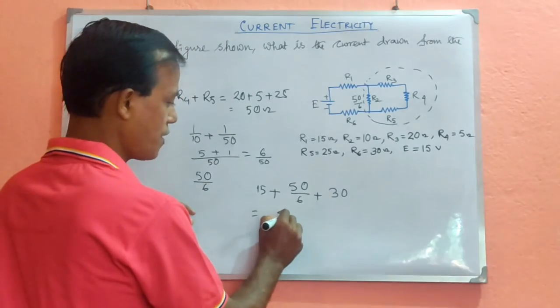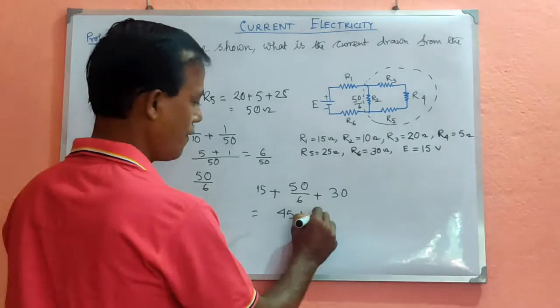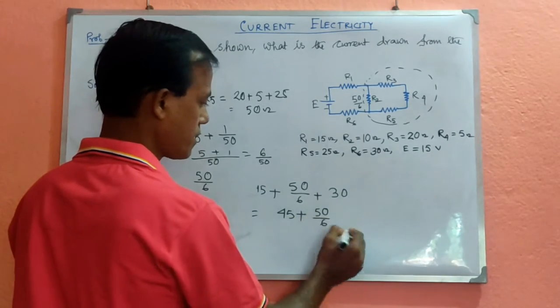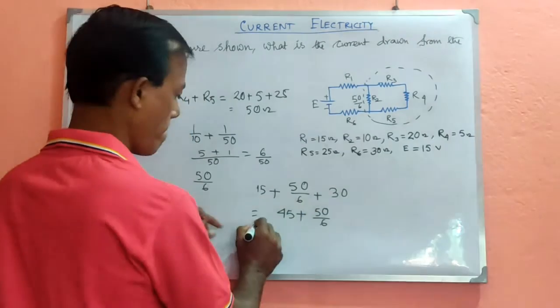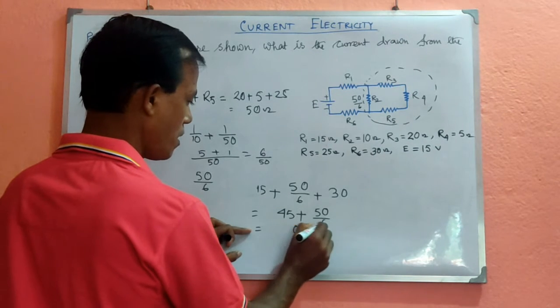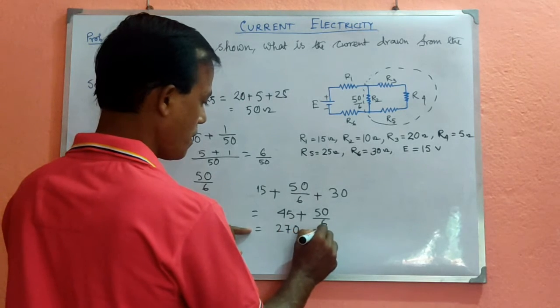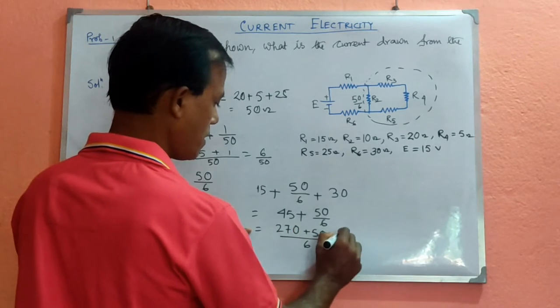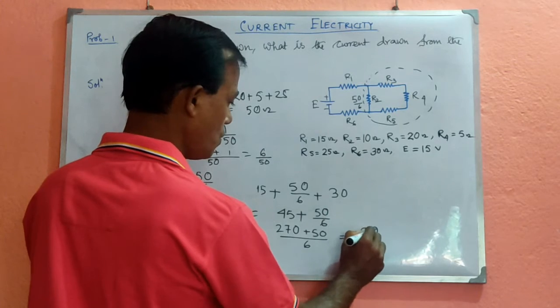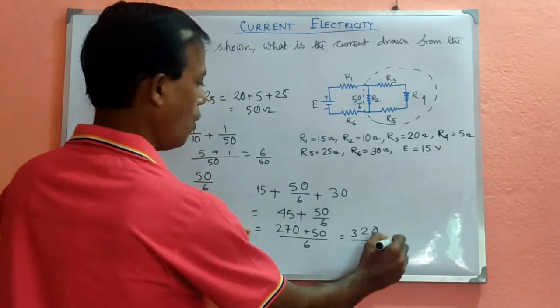So 45 plus 50 by 6, that is 270 plus 50 by 6, so 320 by 6 ohms.